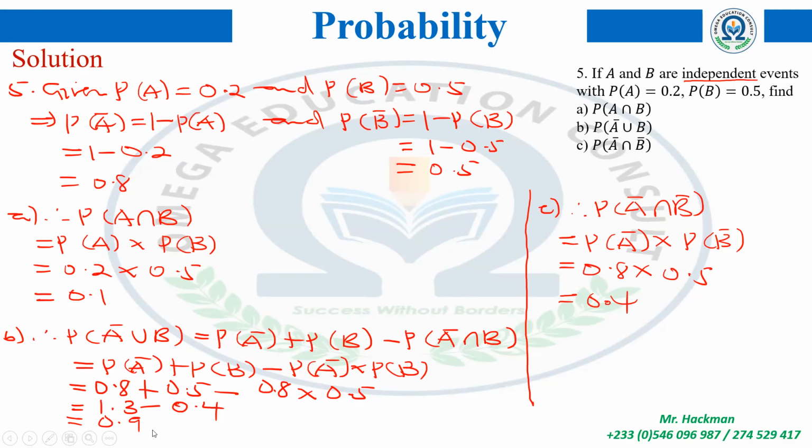Please take note, anytime you are told that the major events, in this case A and B, are independent, any mixture of the events, meaning the complement of the event, will also be independent, as well as the mixture of the event and any complement. So here, don't say that you were told in the question that only A and B are independent, so how come here it is A complement and this is B, but you assumed they are independent.